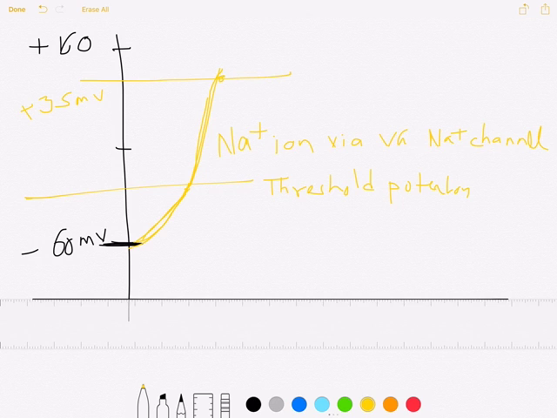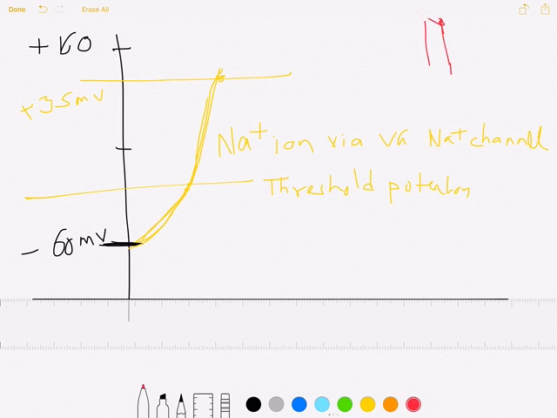And then something else happens after the action potential. Let's go back to that channel. We discussed that this channel gate opens up. So this channel gate opened up, which is the activation gate.